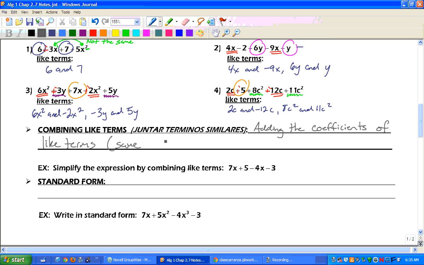And remember, the like terms are the same variable and the same exponent. So we have a little hidden example down here. Simplify the expression by combining like terms. So there's our problem right there.